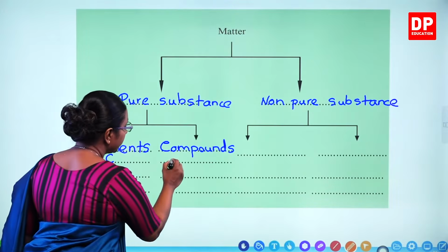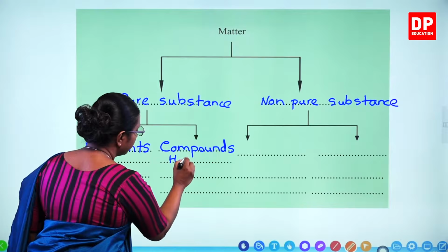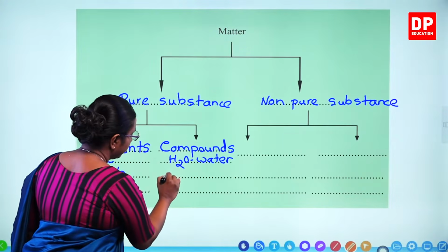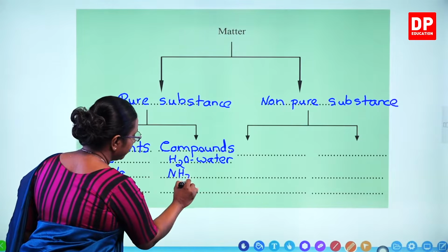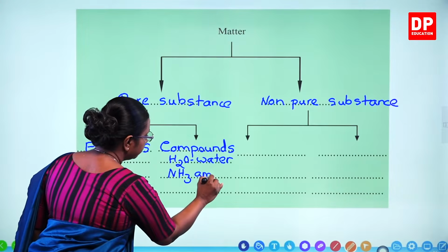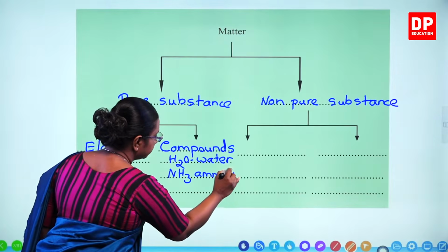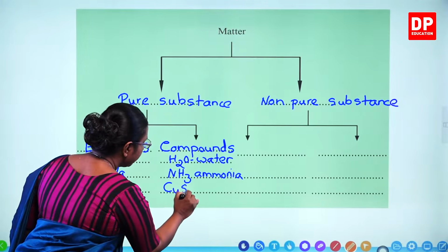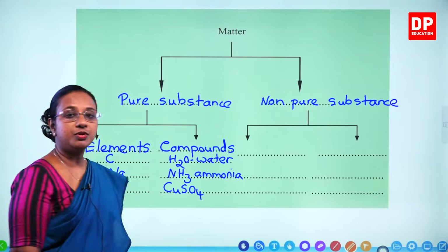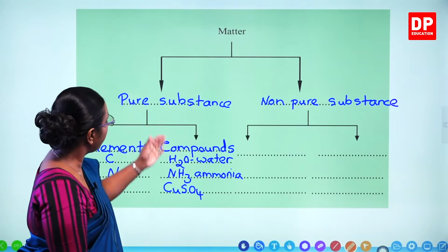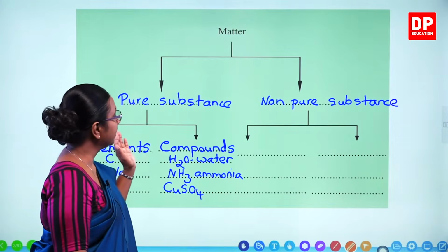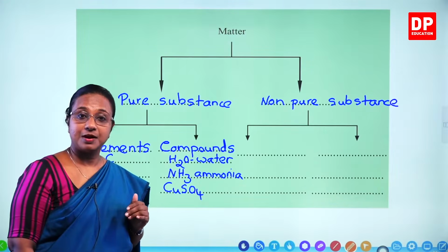So you know compounds: H2O, water. Then we have NH3, ammonia. We can even have copper sulfate, CuSO4. So all these are compounds. You all are very familiar with elements and compounds.